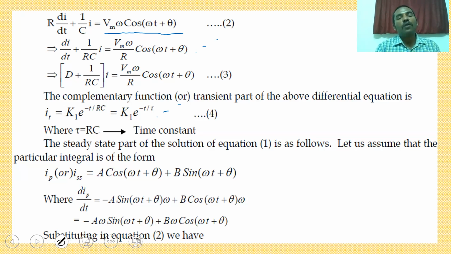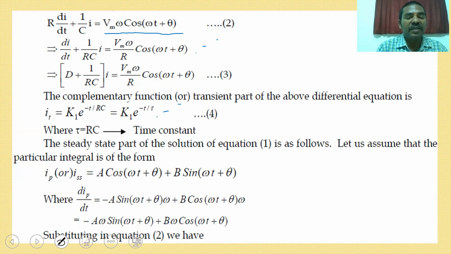Then, after the complementary function, for the particular integral I am taking i_p as the steady state current. The solution for this is A cos(ωt + θ) + B sin(ωt + θ).